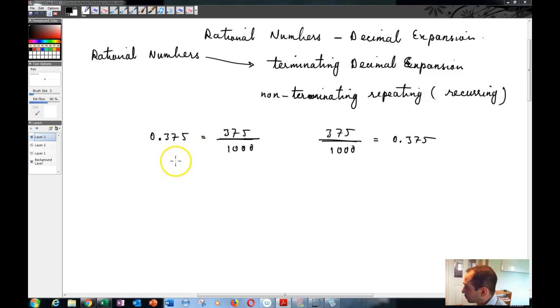A good example for that is 1/7. 1/7 is a rational number, but if you try to write it in its decimal representation, this is what you would get.